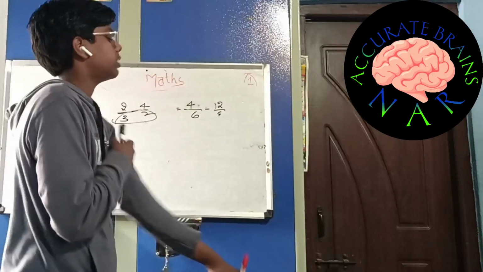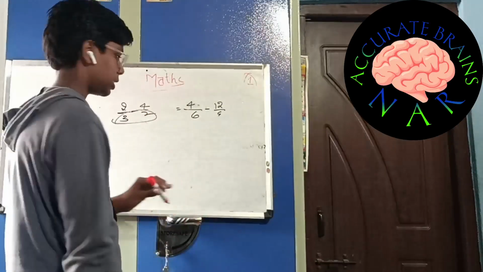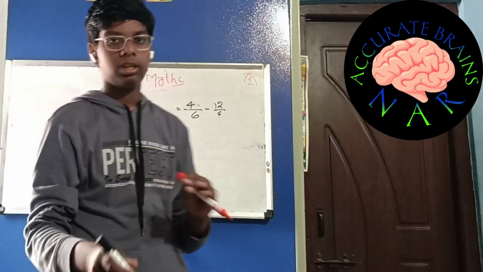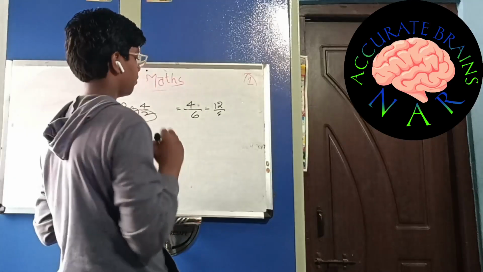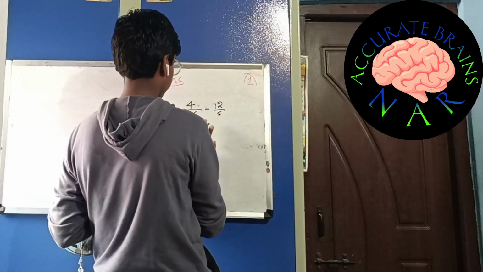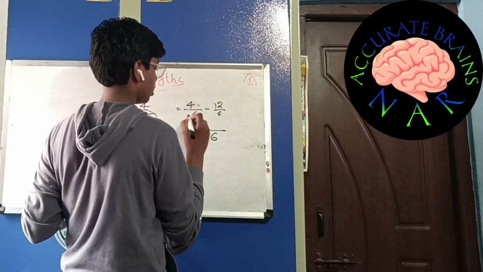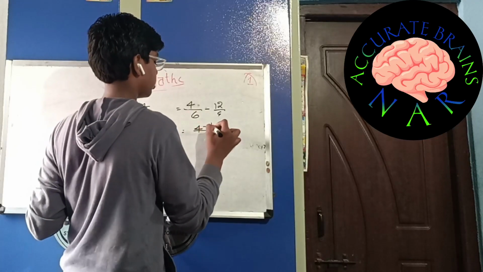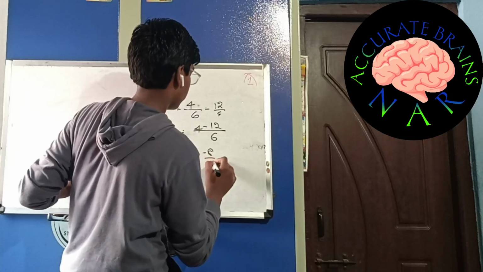So here we are taking these two rational numbers into the multiplication. As I told you in addition, we just have to replace the sign and subtract them, okay? So here all the denominators are 6, so 4 minus 12, which is nothing but minus 8 by 6.